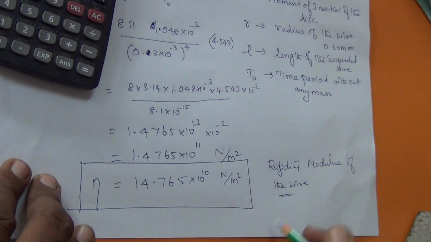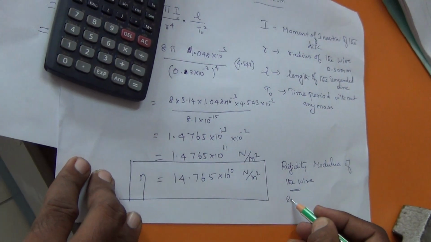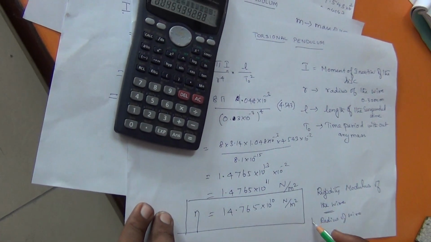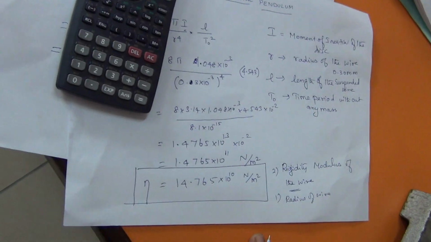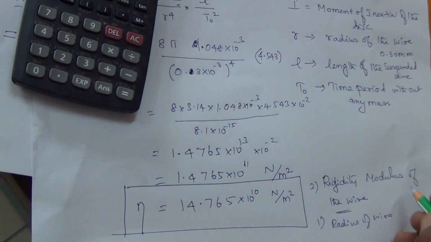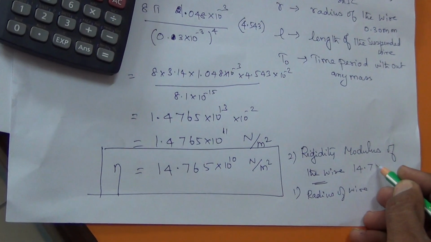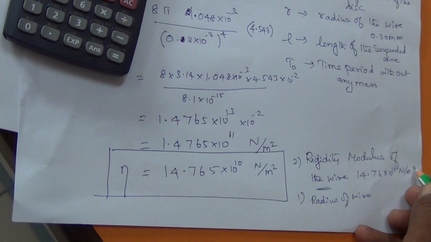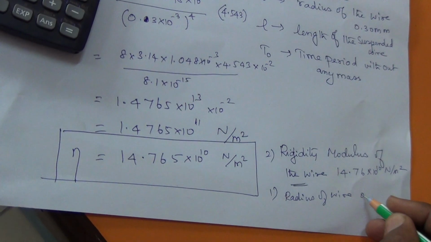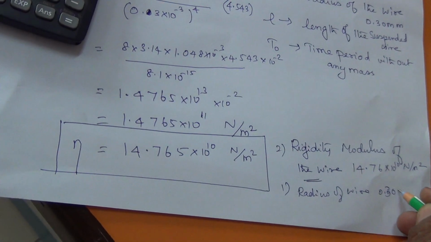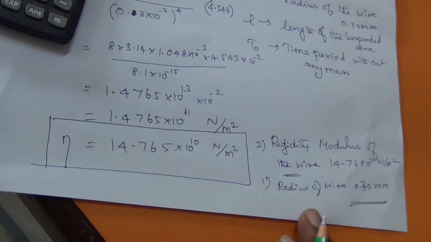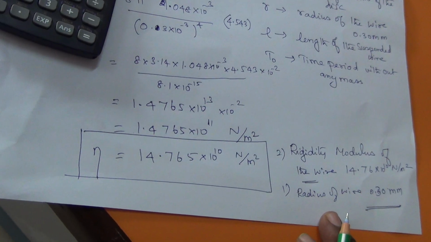So we have found out the radius of the wire and the rigidity modulus of the wire. The rigidity modulus of the wire is 14.76 into 10 raised 10 Newton per meter square. The radius of the wire is 0.30 millimeter. So we have completed the experiment.